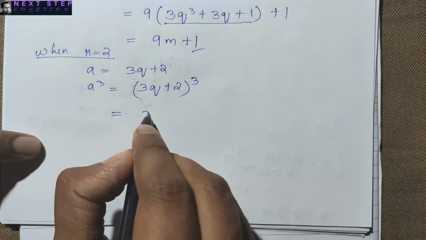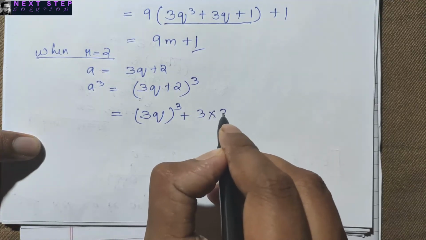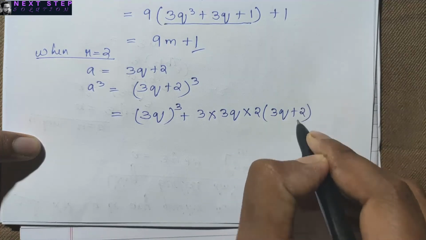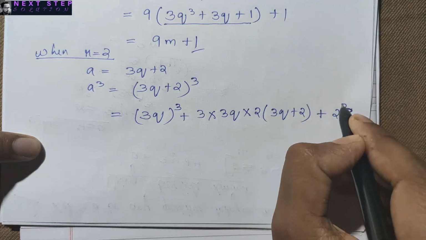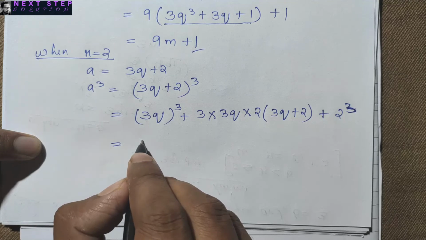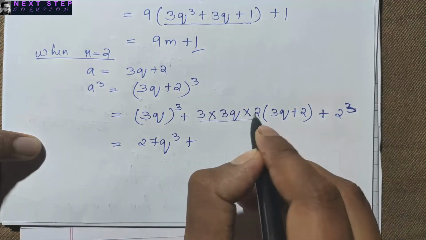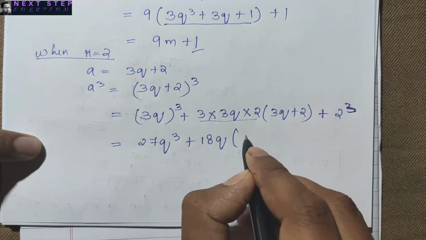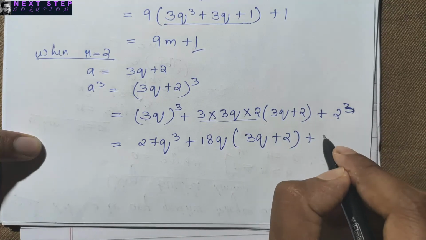We can write it as a cube plus 3 times 3q into 2, inside bracket we have 3q plus 2, then plus b cube. Now we have 3 cube is 27 q cube plus, if we multiply these three numbers, 3 3s are 9, 9 2s are 18 q, then inside bracket we have 3q plus 2, and outside we have 2 cube, which will give you 8.